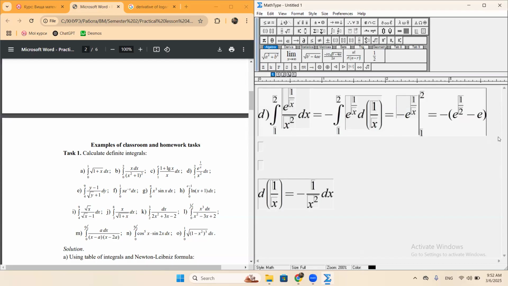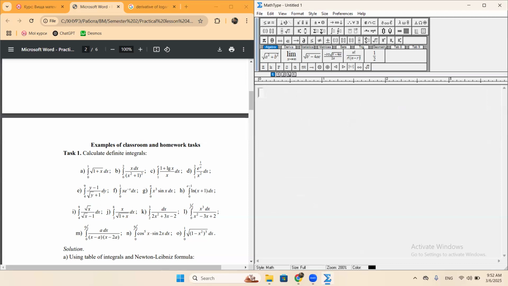So any questions about this exercise? Okay, if no questions, let's move to the next exercise.